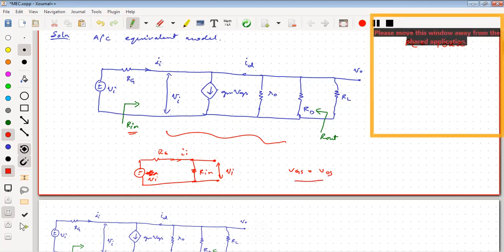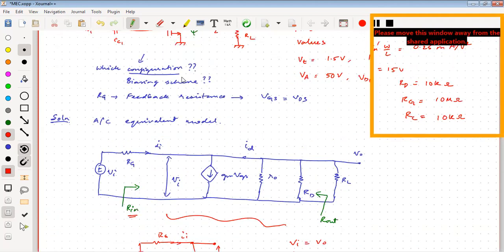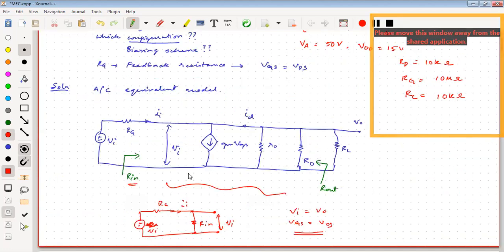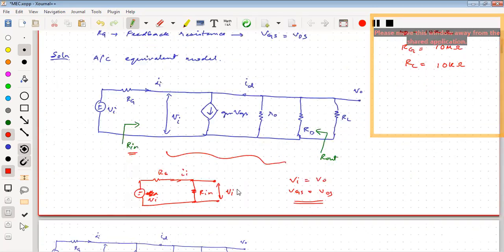So when I write that VGS and VDS are same, it is as good as writing Vi is equal to Vo. Obviously, the voltage at this point and the voltage at this point are same. Then I can say Vi and Vo are same. So I can replace this Vo with Vi.